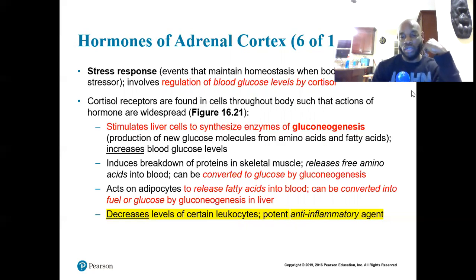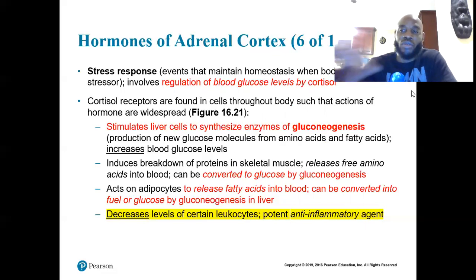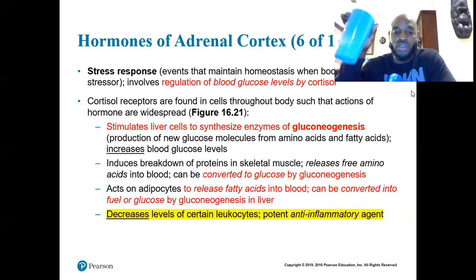Also, it decreases certain levels of leukocytes, which is not good, especially at the time I'm making this video. We have this coronavirus, which is terrorizing America right now. So when you are under stress, your body has decreased levels of leukocytes.